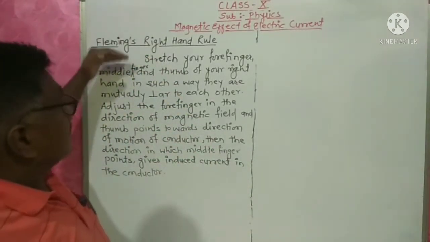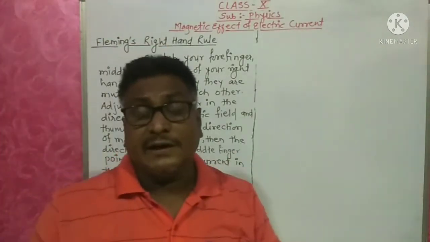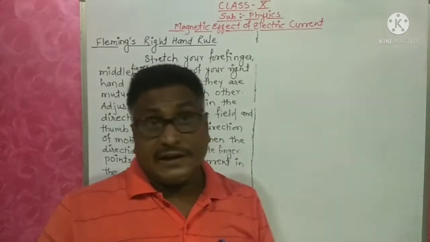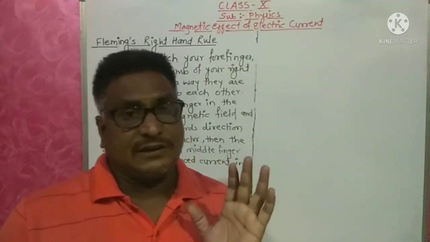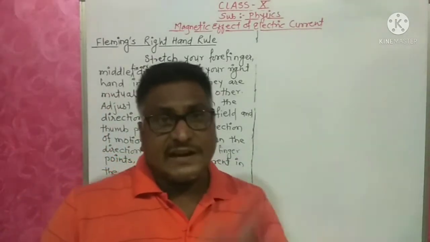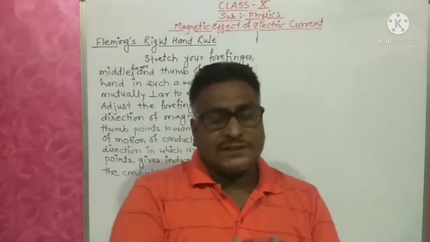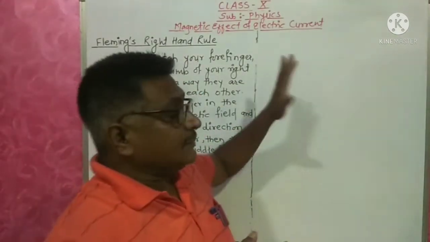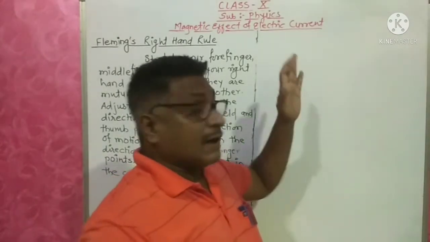So this Fleming's right hand rule we can use in the generator. Generators are of two types: AC generator and DC generator. What are AC and DC? To understand this, first we will discuss the meaning of AC and DC.